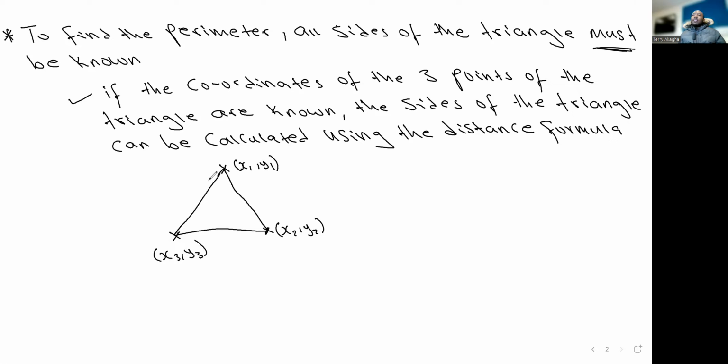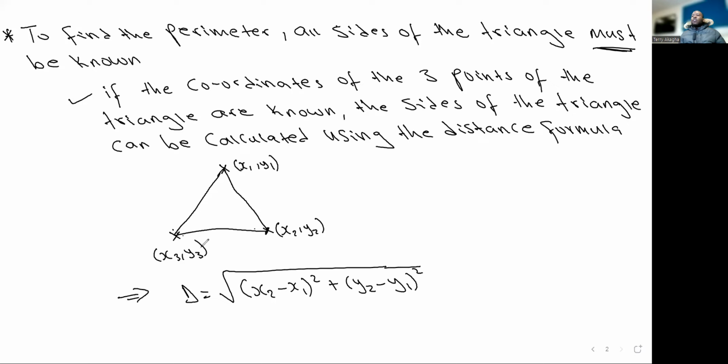Then I can find the distance between each pair of points. If you remember, I told you the distance between 2 points is equal to the square root of (x2 minus x1) squared plus (y2 minus y1) squared, all right?